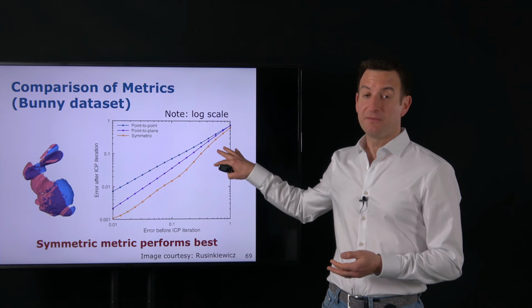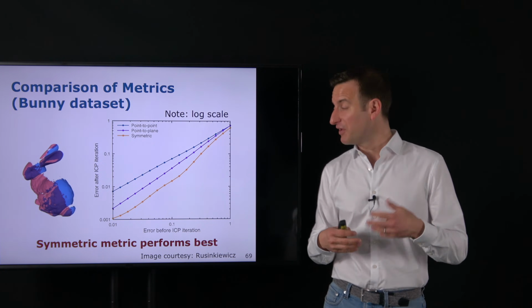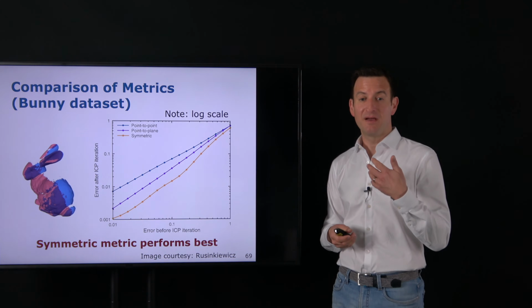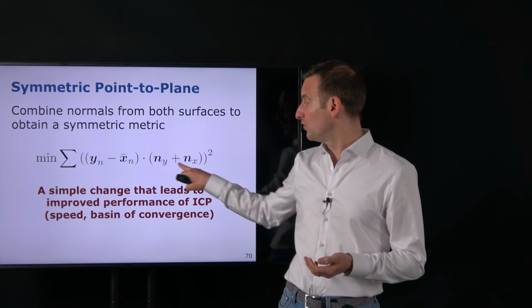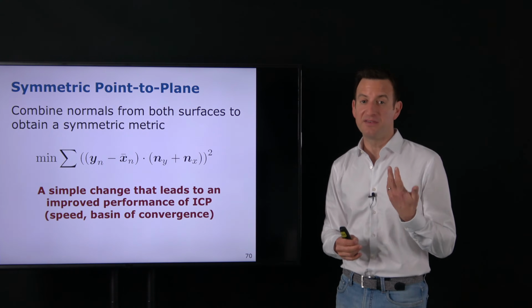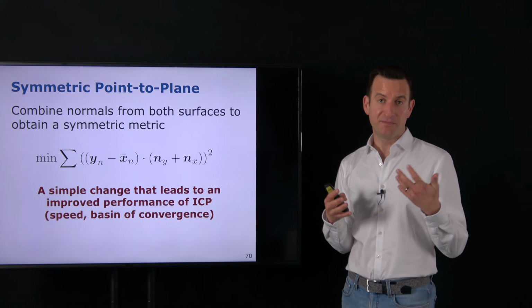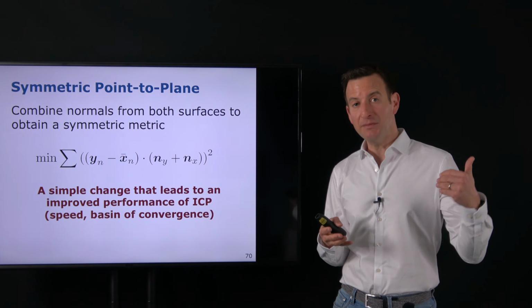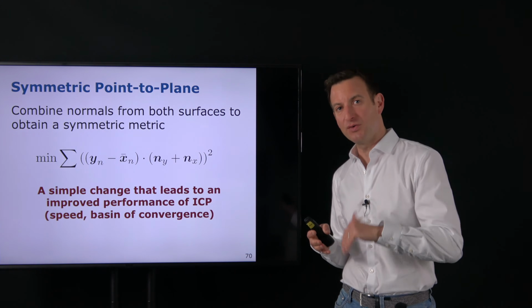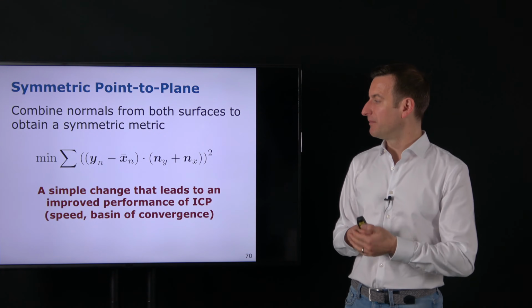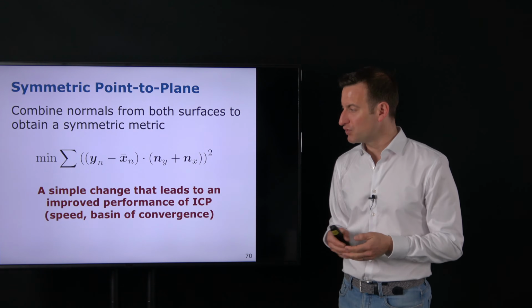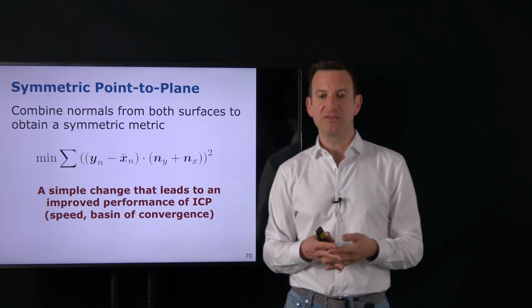So this is a fairly easy improvement that is very easily implemented. The only thing that you need to do is to add a second vector, and this simple change leads to a better convergence speed, because you can reduce the error quicker, then potentially make better data associations, and then converge faster to the right solution. You can also show that it increases the basin of convergence.